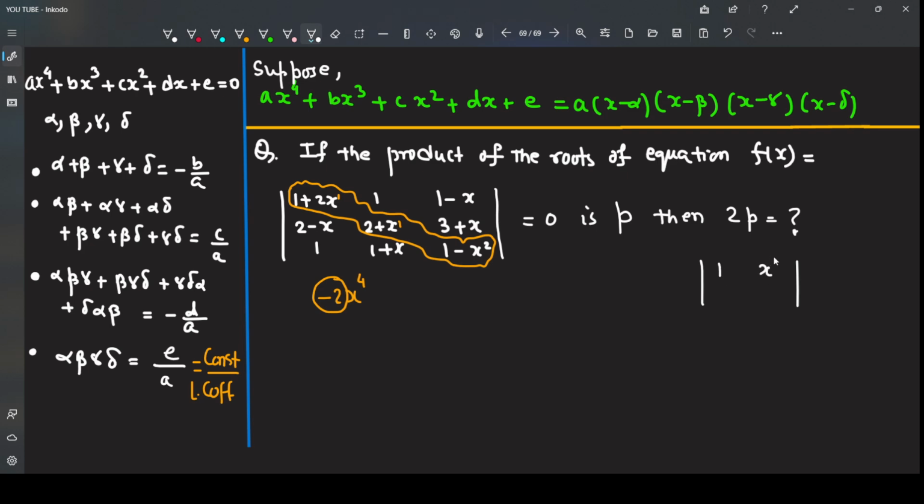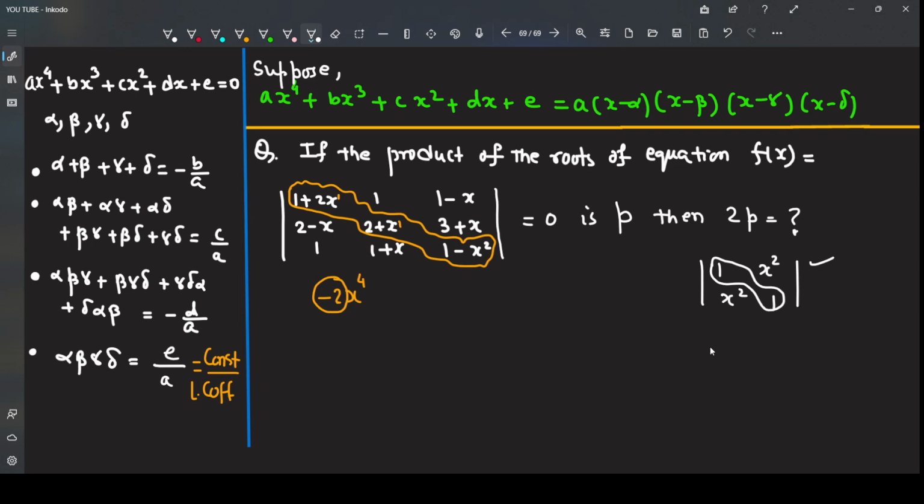Here 1, here x square, here x square, and here 1. So here in the principal diagonal, x to the power 0 is present and the off-diagonal entries are dominant. They have the maximum power. So in this case, you can't say the degree is x power 0. It is actually x to the power 4. So here our method fails.